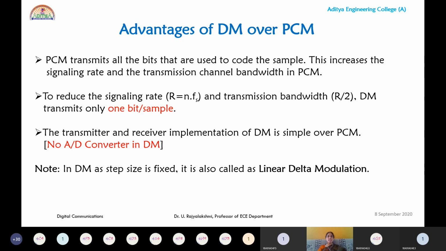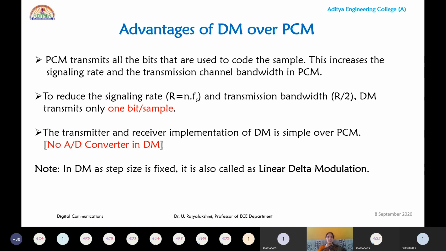We represented that as u of nTs. That staircase waveform has a fixed step size, which we already discussed, a step size variation of delta. The staircase waveform will vary in accordance with the magnitude of x of t.